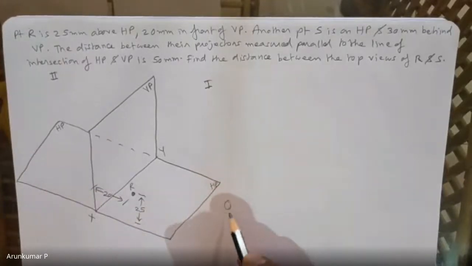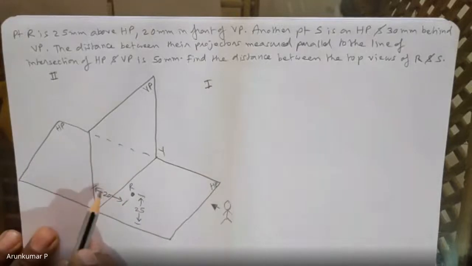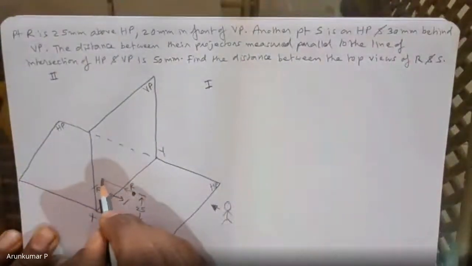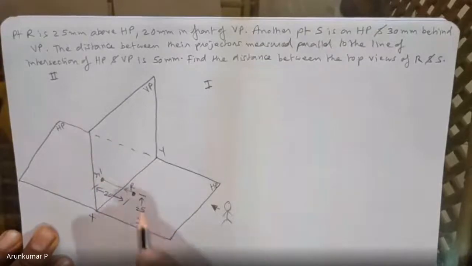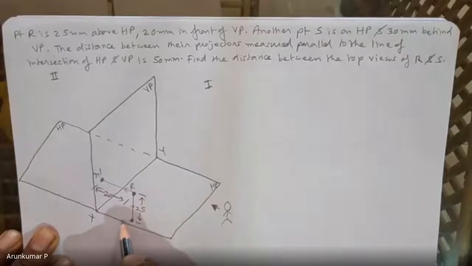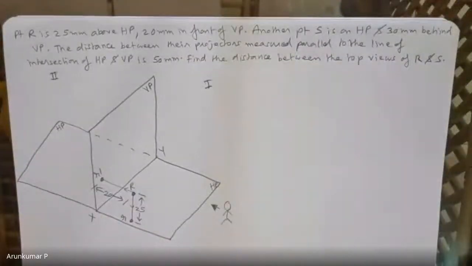Now, as usual, the observer is here, no change, and this is the viewing direction. So, where is the front view of R and top view of R? Front view of R will be on VP, maybe somewhere here, R dash. Top view of R, somewhere here, R. So, front view R dash, top view R. So, this is the point R in the first quadrant.